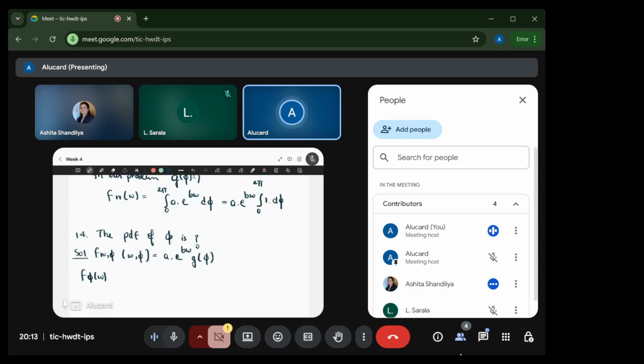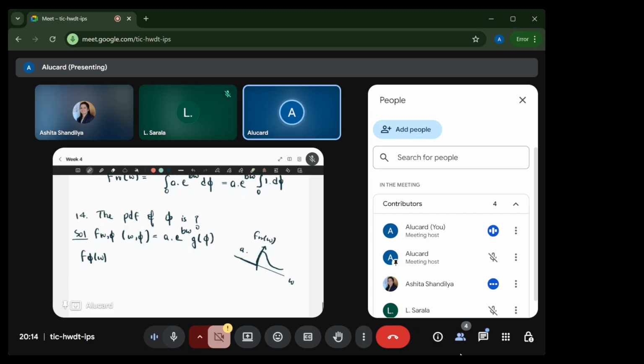So W is in R plus. R plus means only positive real numbers. Option D says W is in R. That means W can be a positive or negative real number. So in option A, this function f w of W will be of this form. It should be 0 for negative numbers.